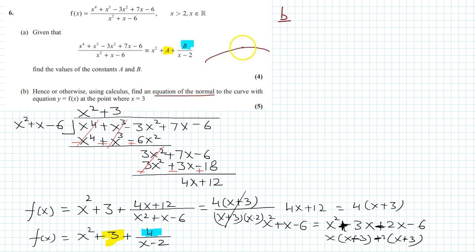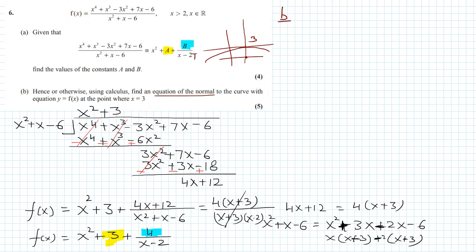This is the curve, this is the tangent, this is the normal, and where x is equal to 3. So we have to find dy over dx at x equal to 3. So we have to do two things.